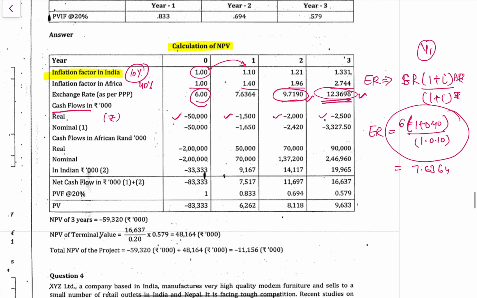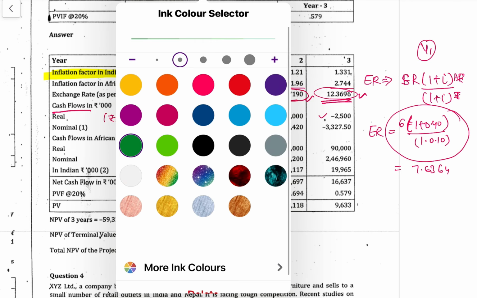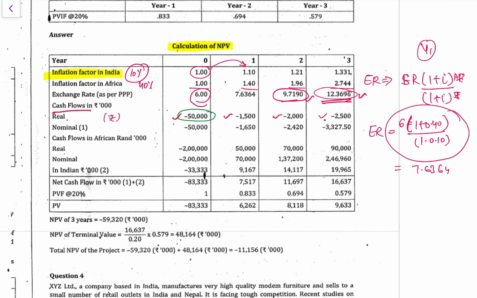So real cash flow 50,000 into 1 is 50,000, then 1500 into 1.1, 2000 into 1.2 and 2500 into 1.3. So I'll get the nominal cash flows for Indian rupees, right?